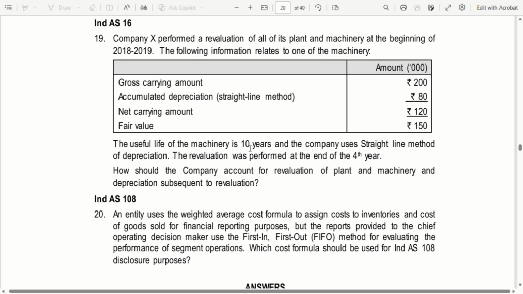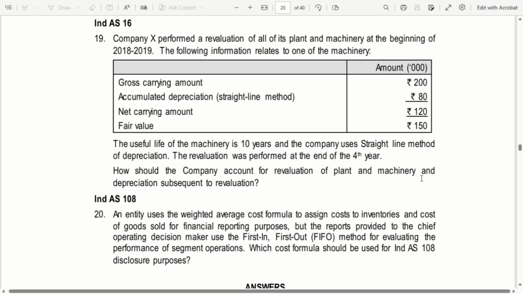Total useful life is 10 years, and the company is using the straight line method for charging depreciation. एंड रिवैल्यूएशन, ये जो रिवैल्यूएशन हुआ है ना, ये 4th ईयर का ही डेटा दिया है. कैसे पता चला? बिकॉज एक फेयर वैल्यू दिया है, उसे हम लोग ऐसा मानेंगे कि 4th ईयर एंड का हमें ये डेटा दिया है. How should the company account for the revaluation?